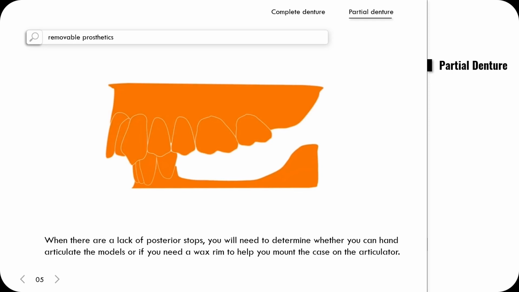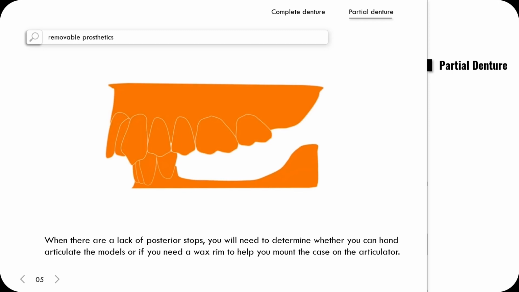So one of the things you always want to ask yourself, when you look at a patient's clinical scenario and how their teeth present, is: am I able to hand articulate these models and form a stable tripod?